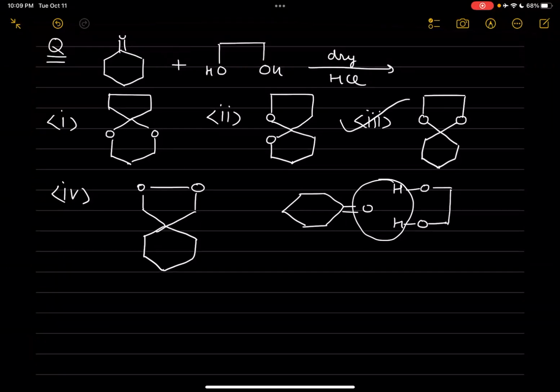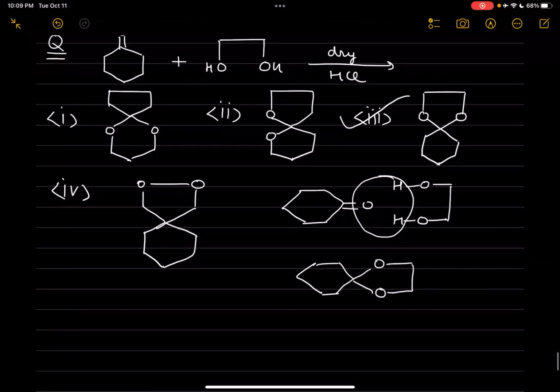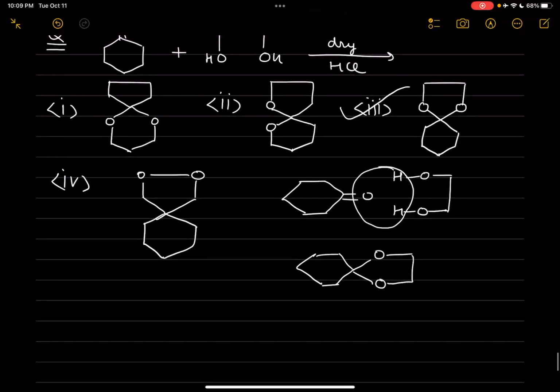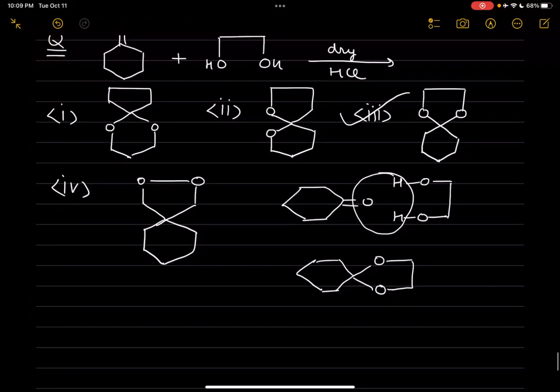Remove the water and connect both the oxygens to the doubly bonded carbon atom. Is it clear? Yes, sir. And that's how it is going to happen. Okay. Yes, sir.